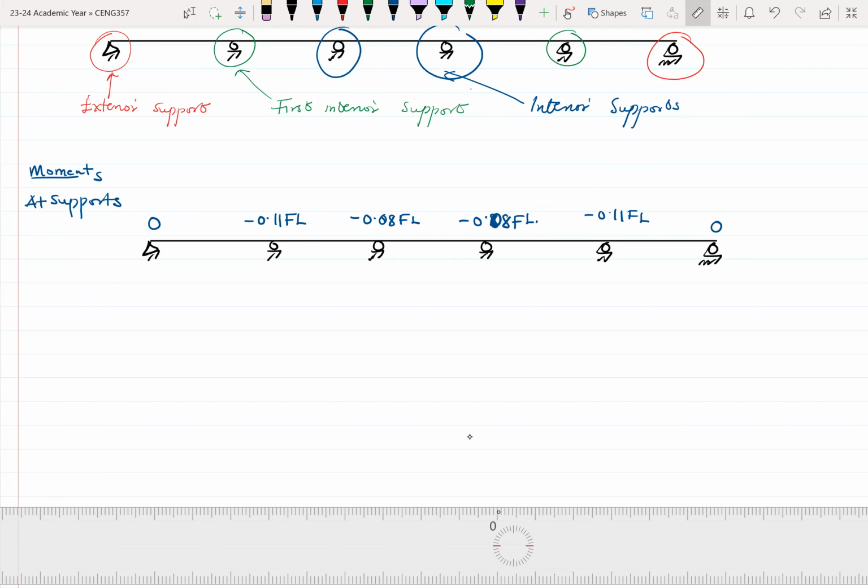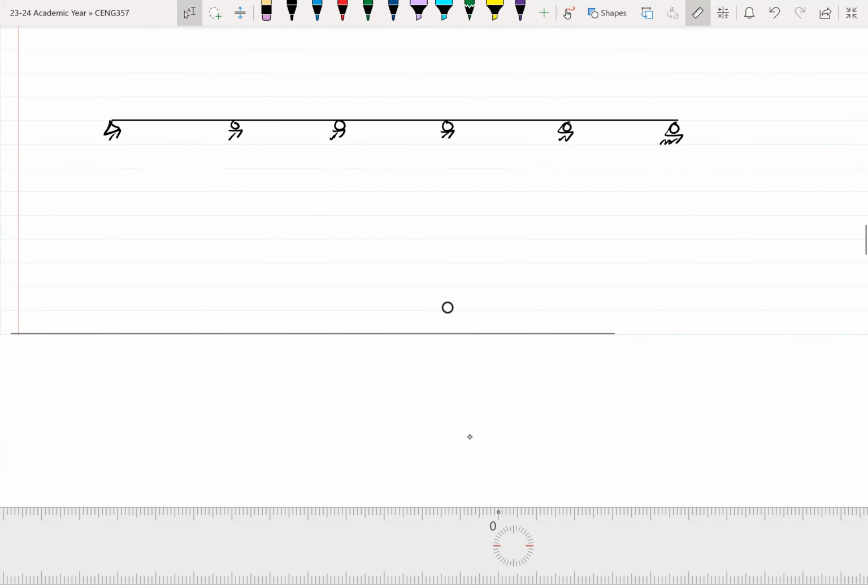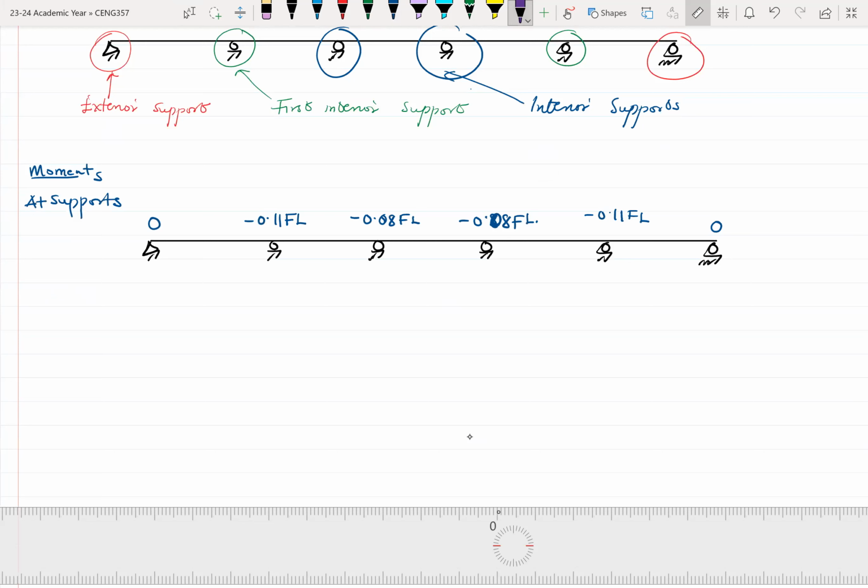Then at spans, or at mid span, here it would be 0.09 FL.